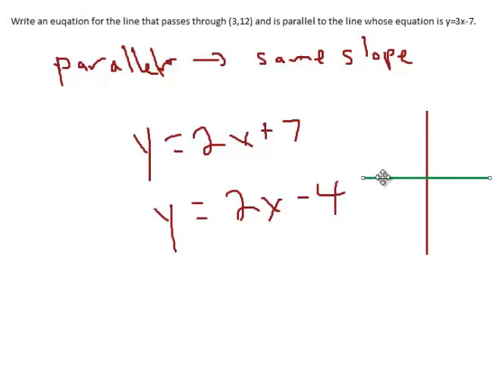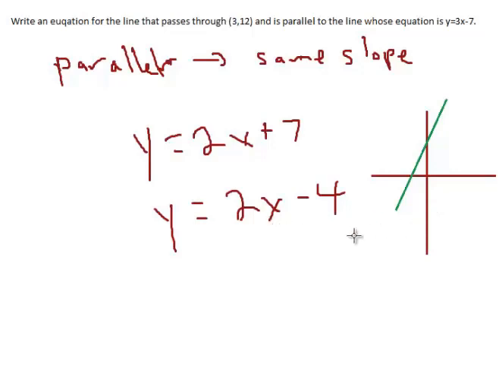Let me redraw the x-axis. Y equals 2x plus 7 would be a pretty steep slope, because y equals 2x means it goes up 2 for every 1 over. So it looks something like this. Let's say this is the 7 point. Again, we have no numbers there, but let's say that's the 7 point.